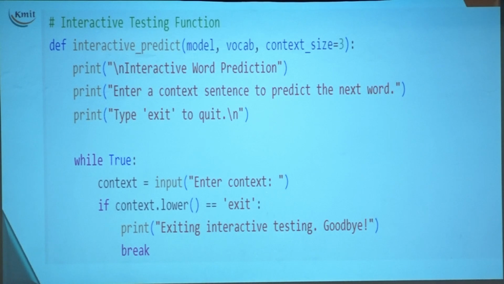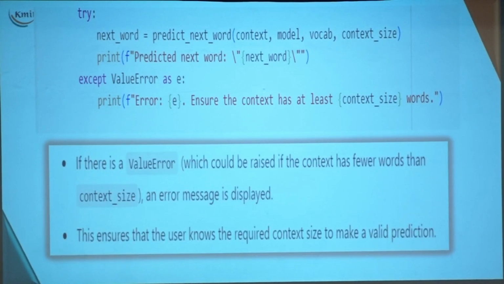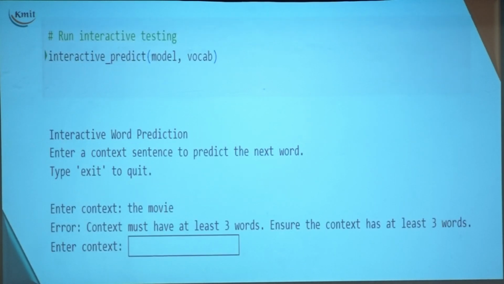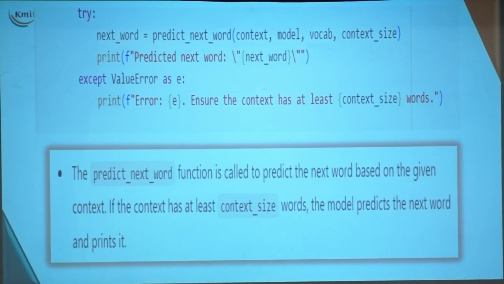So here, enter a context sentence, and the very first thing that you are going to check for is whether the user has typed exit. If it is exit, there is no need for model evaluation, you will simply terminate. But if it has given something else, then you will have to start initializing your model and test it. So what are you doing?